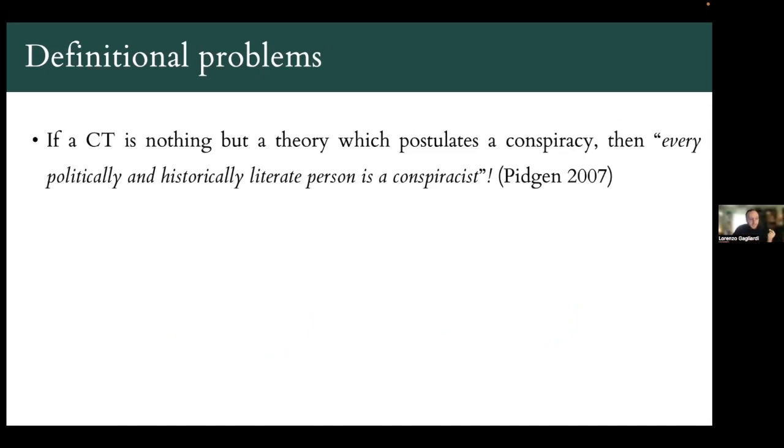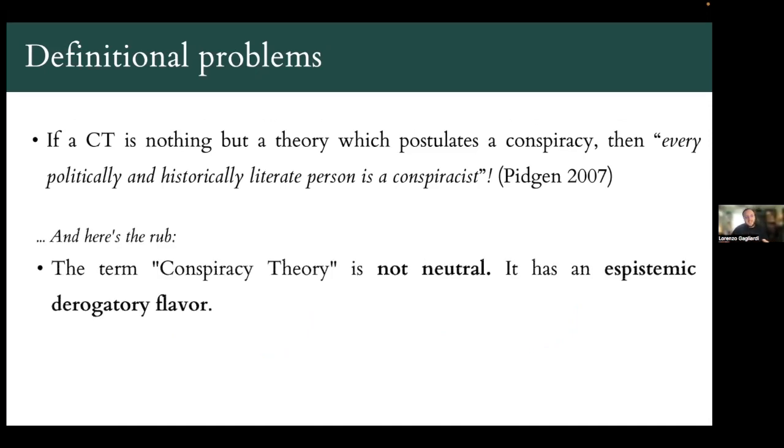And so the rub is that the term conspiracy theory is not a neutral word. It has an epistemic derogatory flavor, in the sense that when you label someone a conspiracy theorist, you have a weirdo in your mind, someone who makes absurd assumptions about the world. And so it's a cultural problem with defining what a conspiracy theory is.